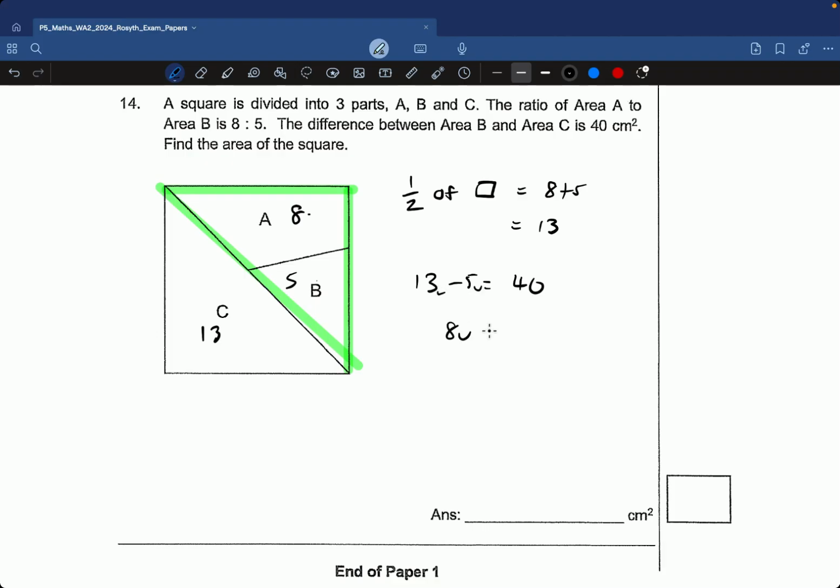This will be 8 units equal to 40. 1 unit will be 40 divided by 8, which is equal to 5 in this case. So now you want to find the area of the square, which is basically 26 units, which is 5 times 26, which is equal to 130 centimeters square. So the answer is 130 centimeters square.